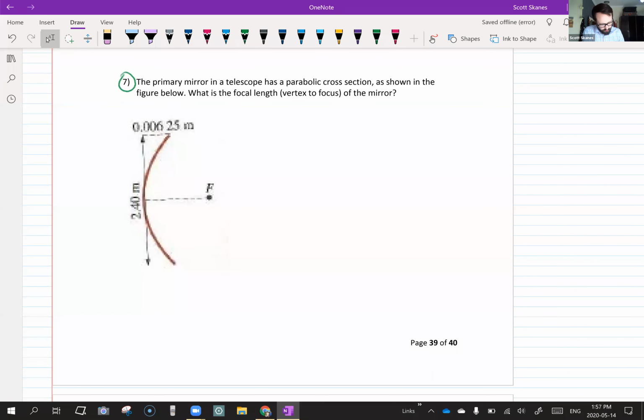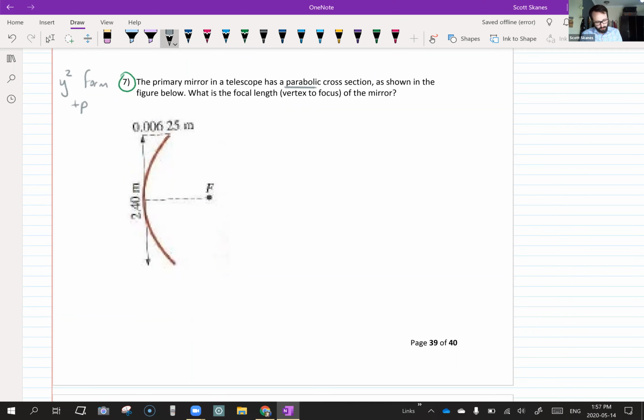So let's read this. The primary mirror in a telescope has a parabolic cross-section, so it's going to be a parabola. In this case, it's a y squared form parabola, and it has a positive p value, as shown in the figure below.